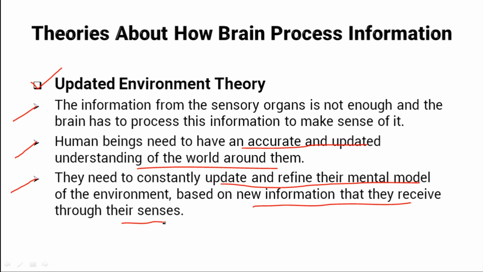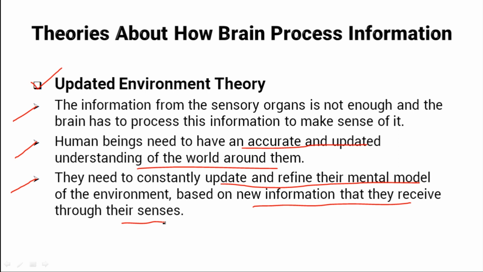In the first theory, information comes from our sensory organs such as the eyes, ears, nose, tongue and skin. This information is necessary for us to perceive and make sense of the world. However, this is not enough, and human beings also need certain assumptions or prior knowledge to fill in the gaps and interpret the sensory information.